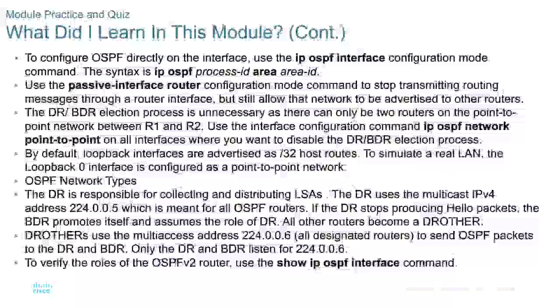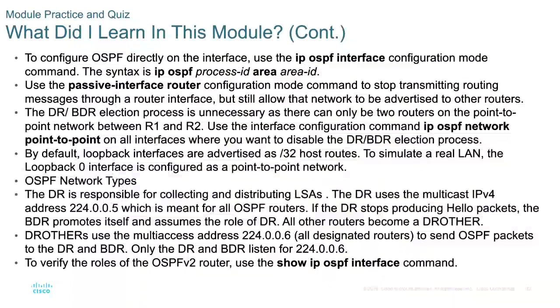The DR is responsible for collecting and distributing all link state advertisements, which are the changes within the network. It uses the multicast address 224.0.0.5 to communicate to all the other routers.